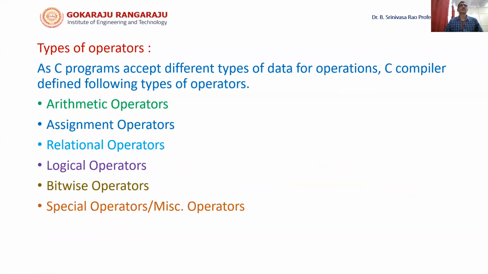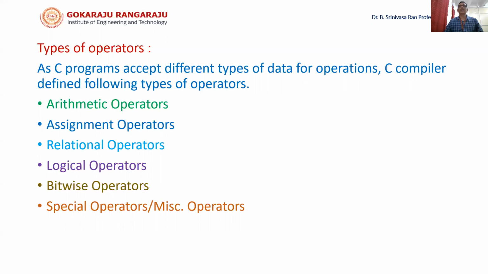Now, let us go into the types of operators. As the C program accepts different types of data for operations, the C compiler defined various types of operators, namely arithmetic operators, assignment operators, relational operators, logical operators, bitwise operators, and special operators, also known as MISC operators.